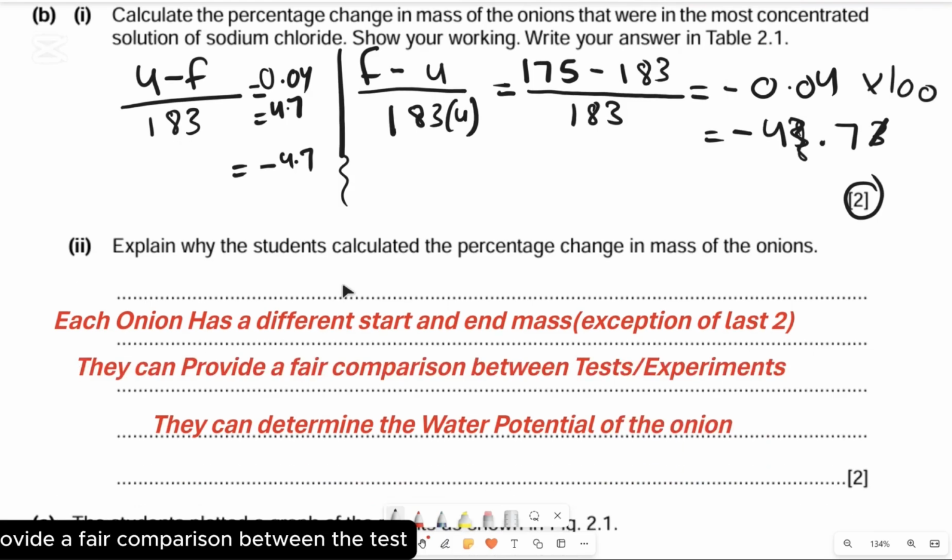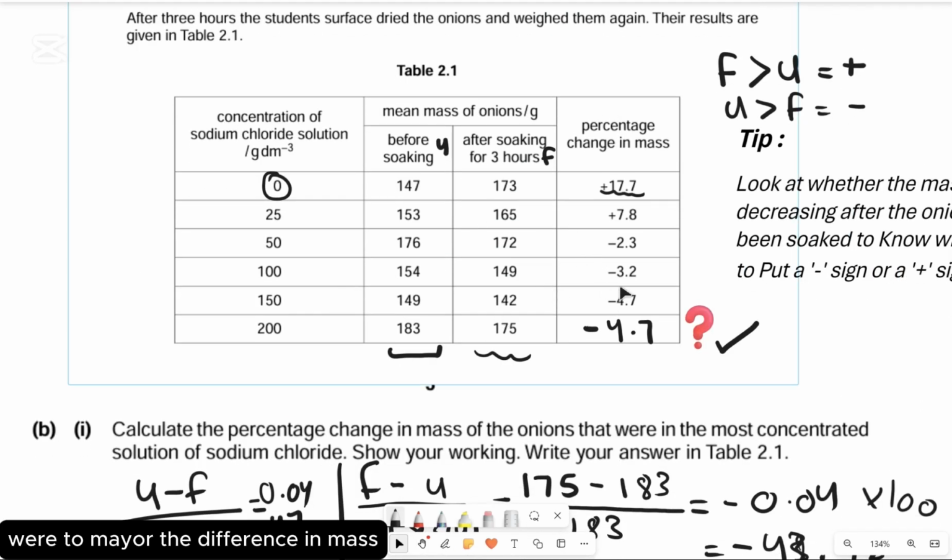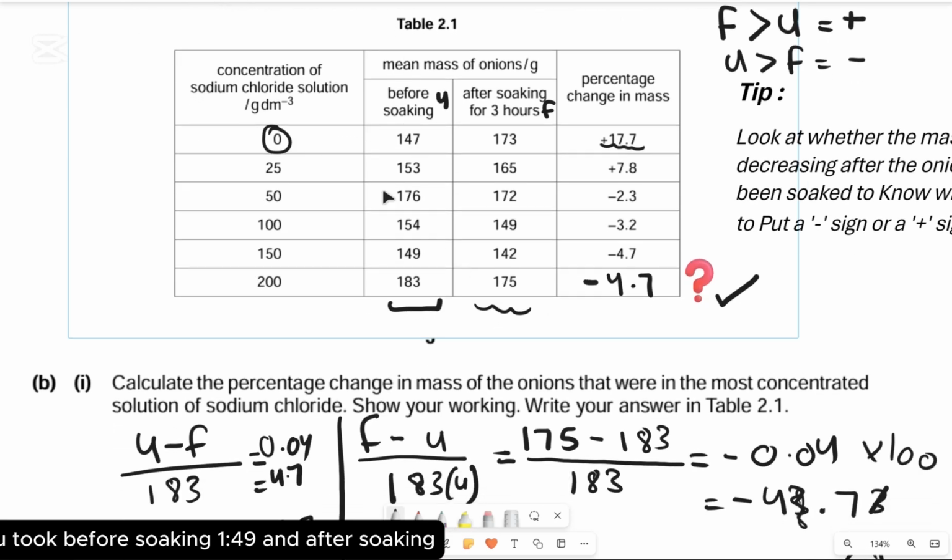This would also provide a fair comparison between the tests and experiments, because if we just were to measure the difference in mass, this would not give us a fair comparison, as each of the before soaking and after soaking masses are different. So for example, if we took before soaking 149 and after soaking 142, we'd get 7.